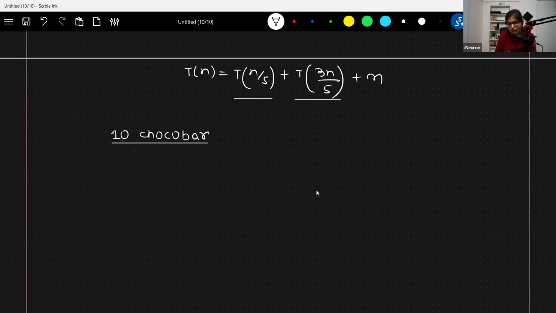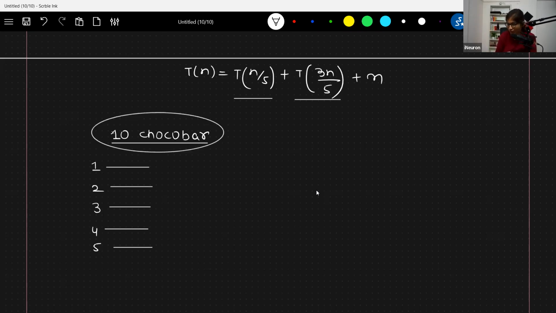Now, there are 5 students, 1, 2, 3, 4, and 5. There is one problem statement where you don't know how many total choco bars I have. In one case, I am saying that for all the 5 students, I am giving 2 choco bars. So you can give me the answer. How many total choco bars do you have?